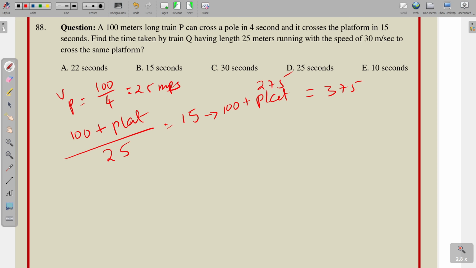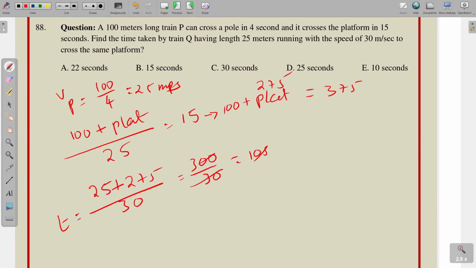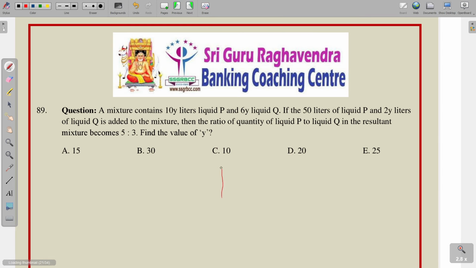Now, train B, length of train B is 25, it crosses the same platform, means 300 at the speed of 30 meters per second, time equal to distance by velocity, 300 by 30, that is 10 seconds is our answer for this question.